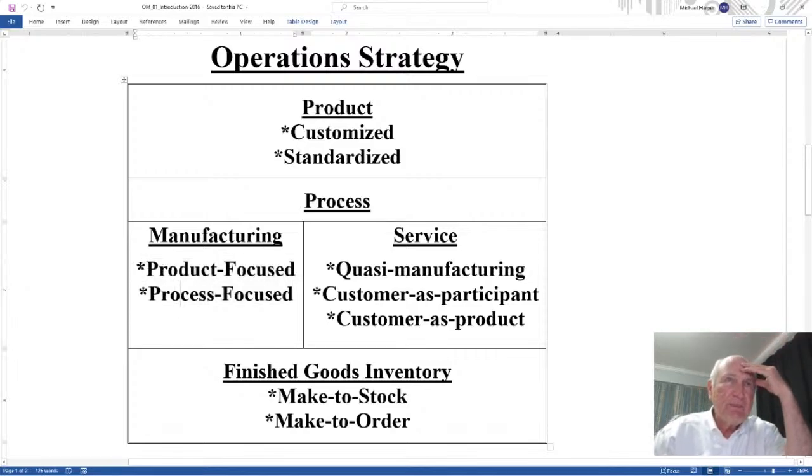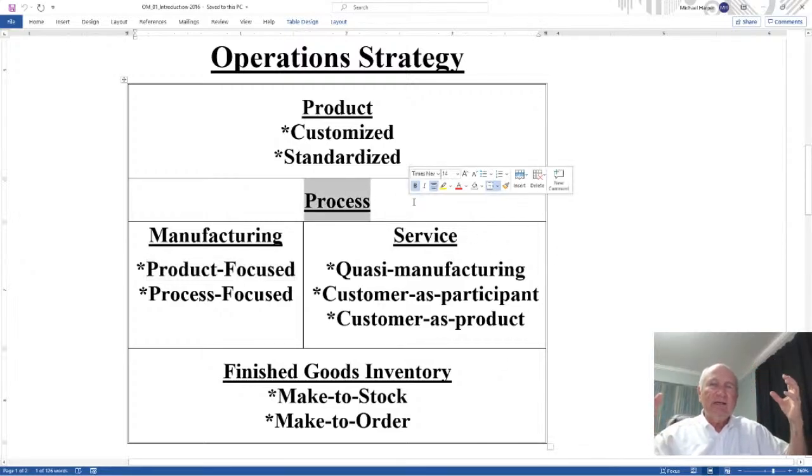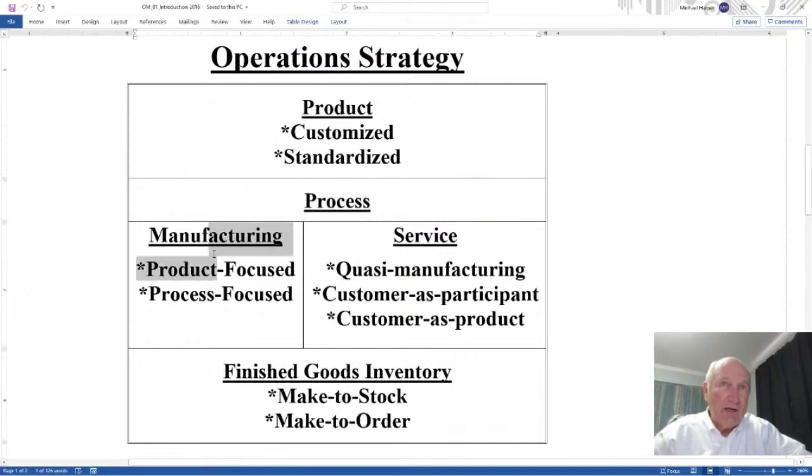Here's the difference. A product focus says, okay, an example of a product-focused design for manufacturing would be an assembly line. When you think of an assembly line like making automobiles, they're going down the assembly line. Well, the process design, the design of the process, is focused around the needs of the product.